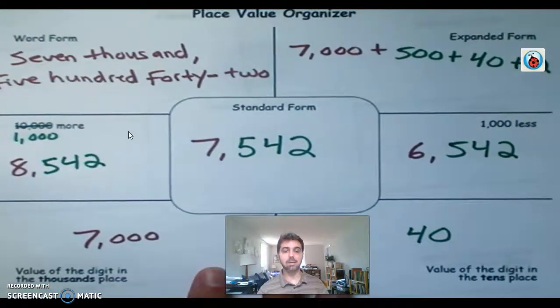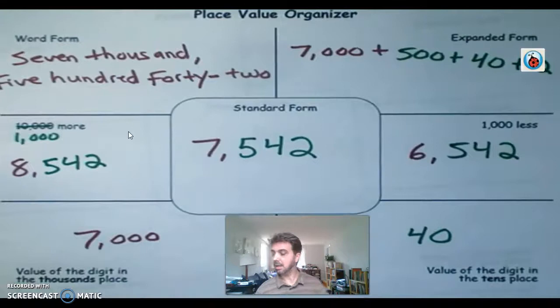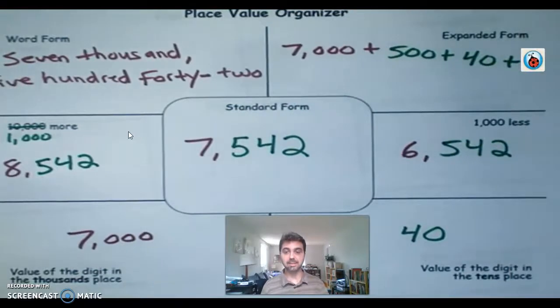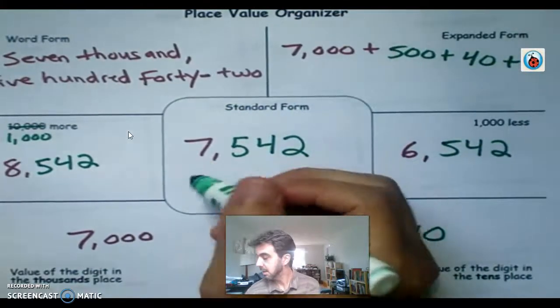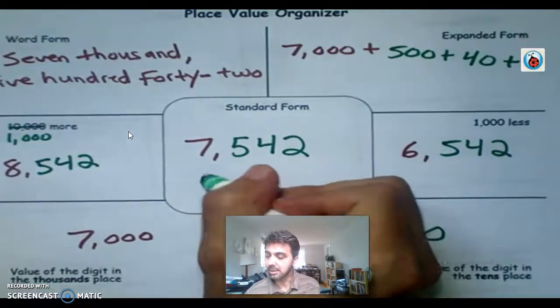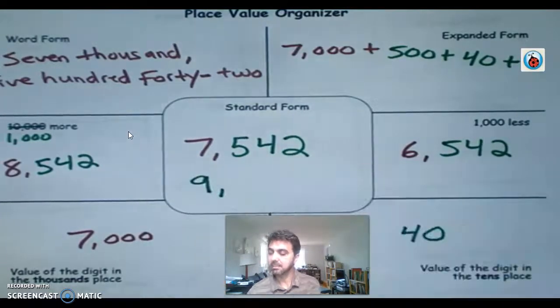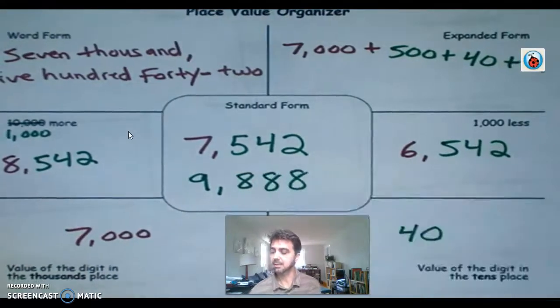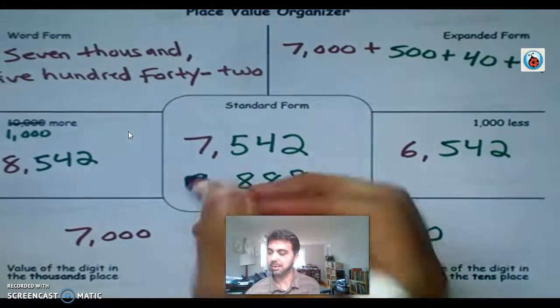So on the next one, I want you to use a different number. So please write this down, I want you to use the other one, 9,888. Okay, sorry, I'm going to do that in brown here.